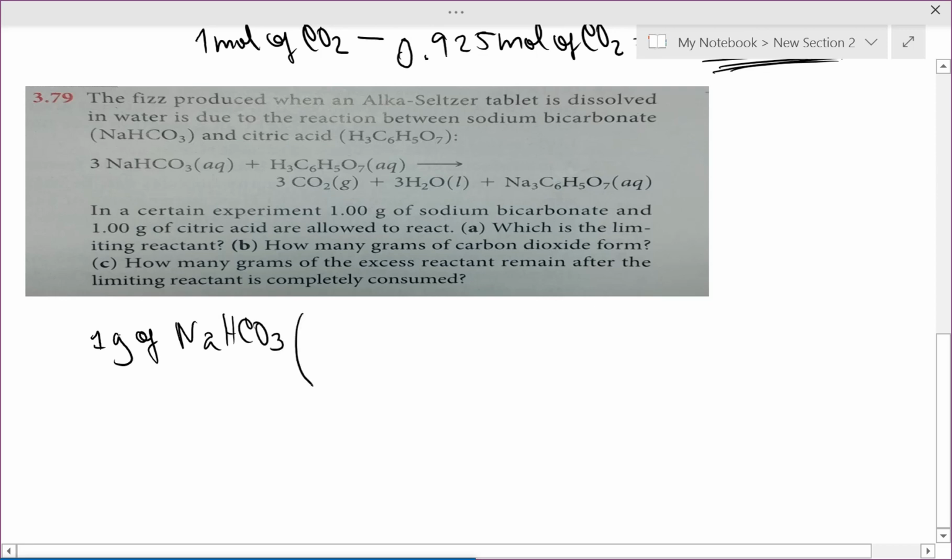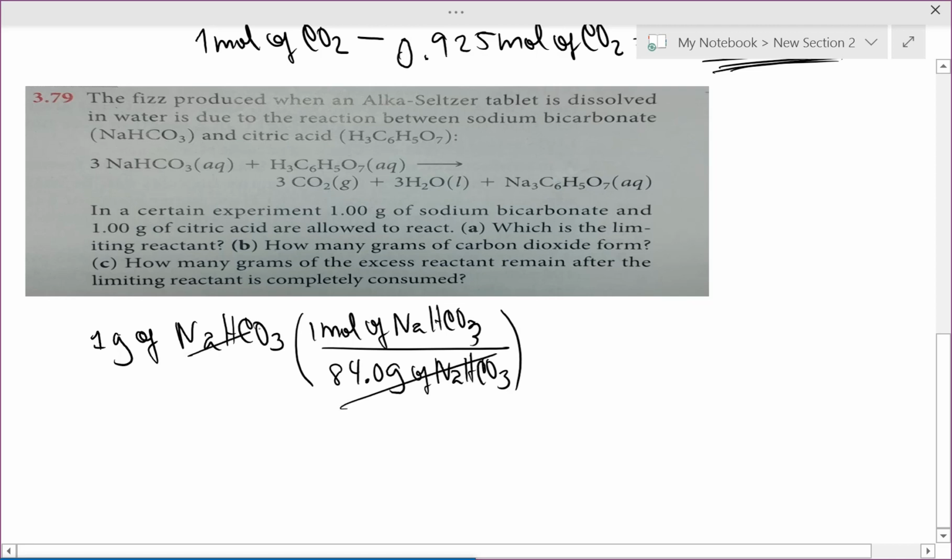Following the equation, we know that 1 mole of sodium bicarbonate is equal to 84.0 grams of sodium bicarbonate. Remember that that's from the molecular weight.